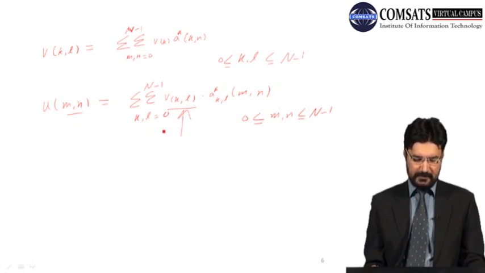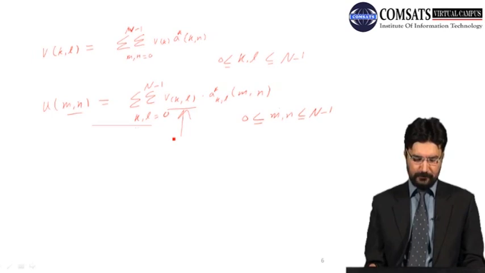You remember that this has to be computed for every value of K and L, where K and L vary in range of 0 to capital N minus 1. That is, K has capital N number of values and L will also have capital N number of values.